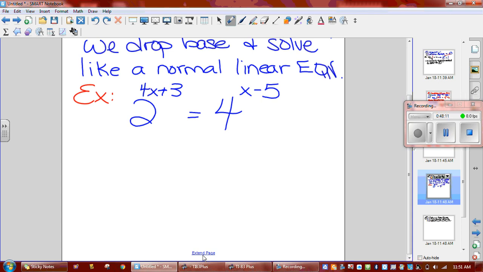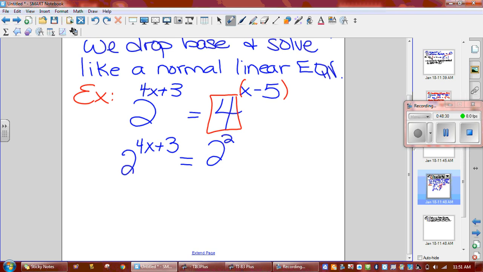But we know that 4 will go to a base 2. So because of that, we change 4 to a base 2 right away. So we're going to write the rest of the equation. 2 to the 4x plus 3 equals, now I'm changing 4 to a base 2, 2 squared. Now this exponent he originally had must go in brackets.